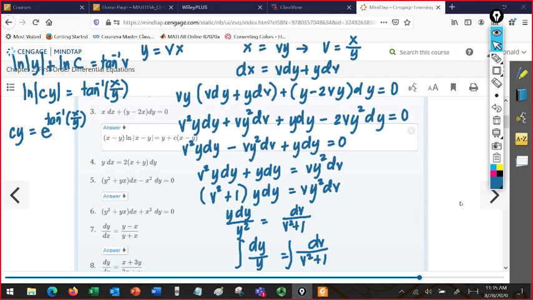Y minus 2x. Correct. Y dy. Pakicheck kung anong mistake. Ayun. Erase.